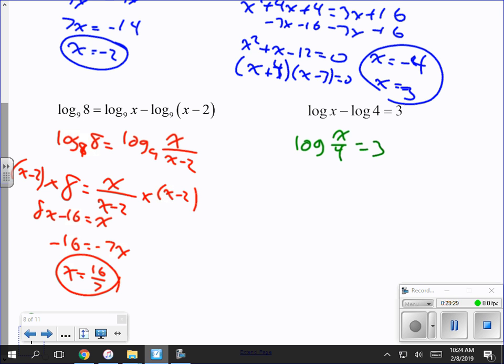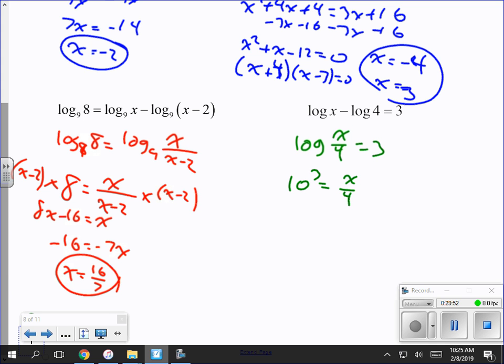I need to loop it like we were doing the other day. Rewrite it as an exponential. What is the base of my logarithm when I don't have a number written down? Log base 10. This is a common logarithm. This says that 10 to the third is equal to x over 4.